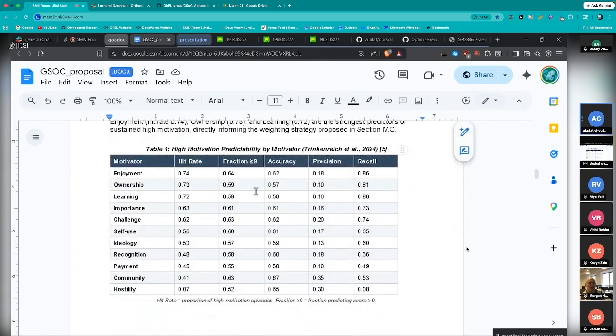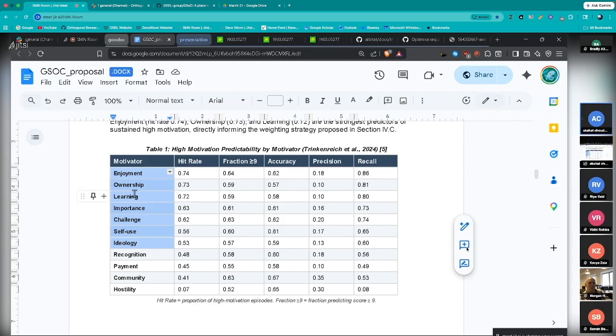This is the table from this paper, and as we can see, the internal motivators, enjoyment, ownership, learning, things which are limited to oneself internally, are much better at predicting motivation, and these should be focused on in open source to help increase its sustainability.